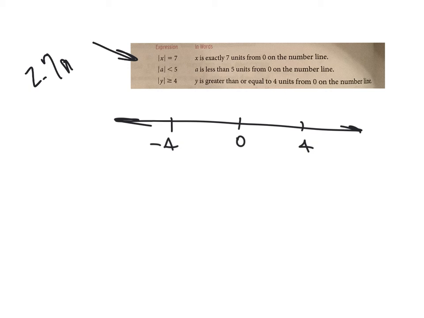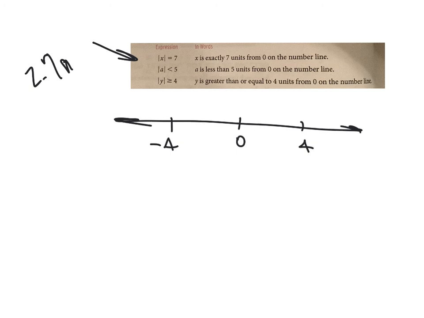And these are going to have the squared brackets because it says greater than or equal to, which means it can be 4 units away from 0. So we're just graphing both ends of that number line there to make that work.